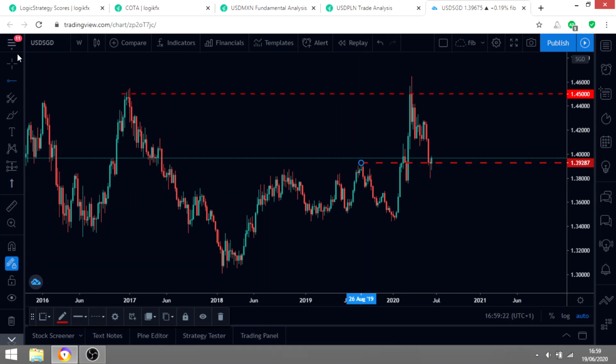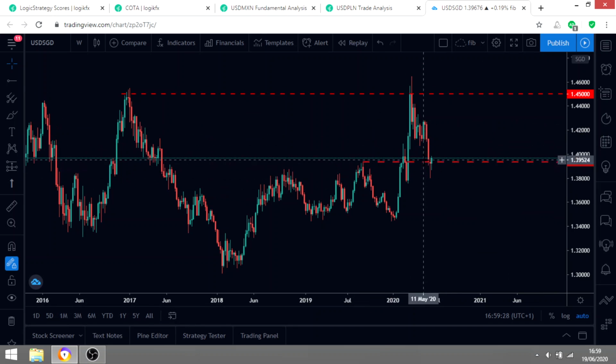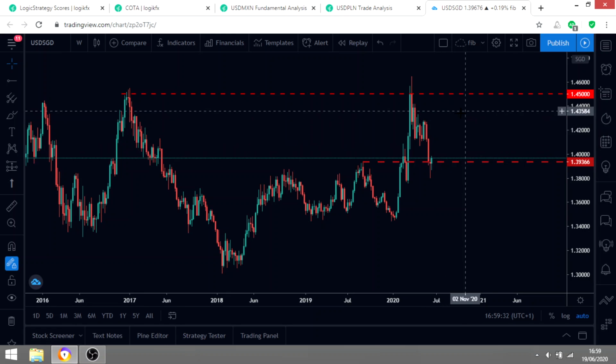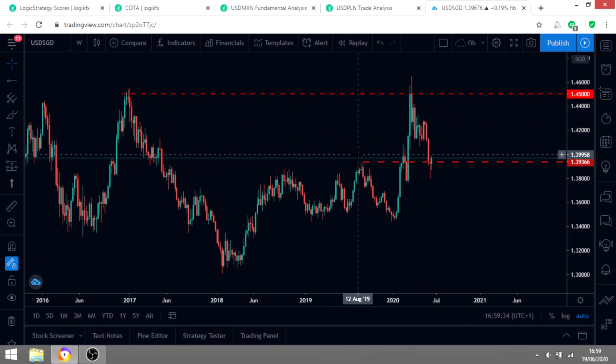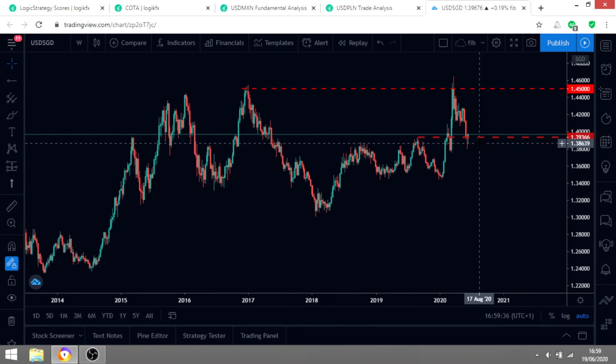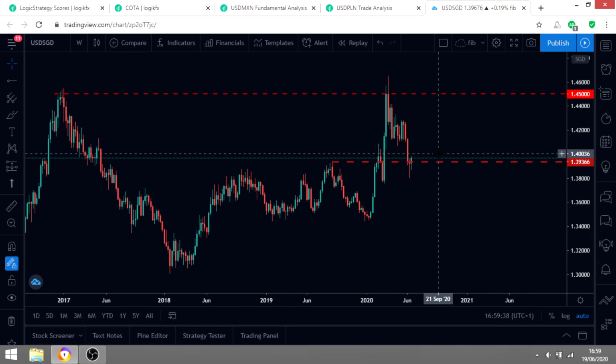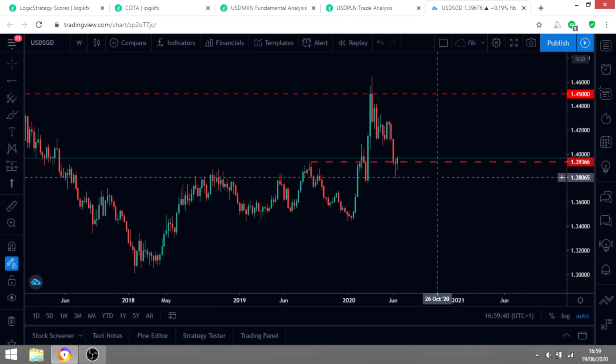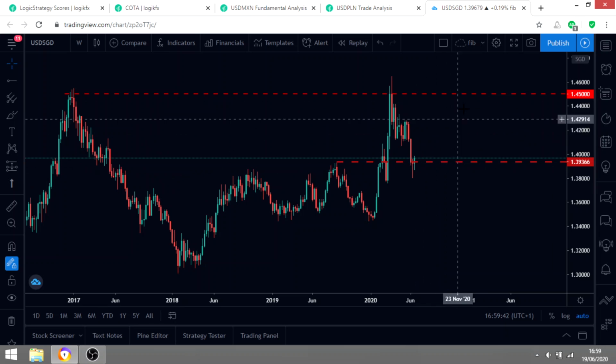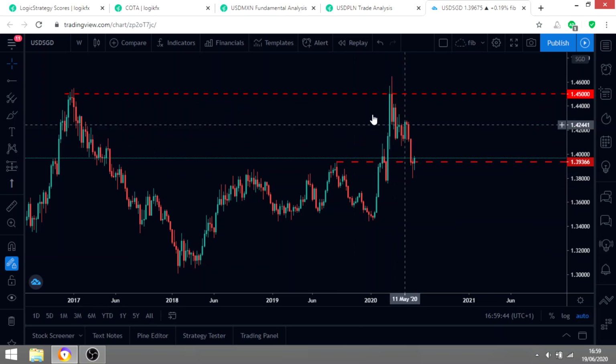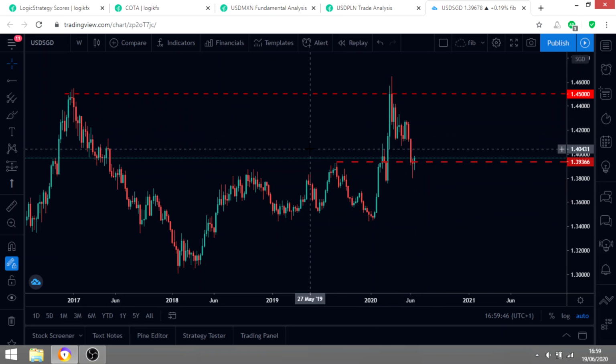We just put it here. Potentially what we'll see is this area, this point of resistance before, being used as a level of support. And with the current COVID-19 potential second wave coming in again, meaning more lockdown restrictions, we could see this appreciate again, just like it did in the past in the recent wave.